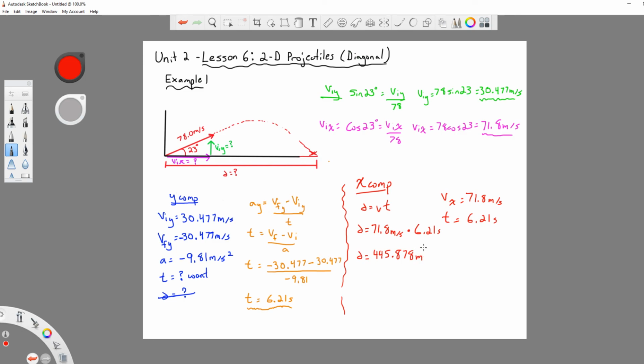And this question, if I wrote this out correctly, I believe had 3 sig digs. So we're going to round this off to 446 meters. And that is the final answer.